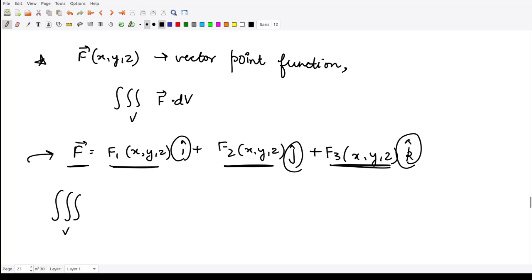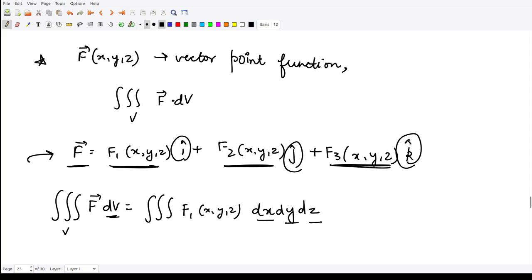What would be the volume integral for this particular vector? It could be defined by taking the volume integral of these individual components. So it would be the volume integral of the first quantity F1, a function of x, y, z, and instead of writing dV, now I can write dx dy dz. That means I'm expanding this dV in terms of the Cartesian coordinates x, y, z, times i cap.